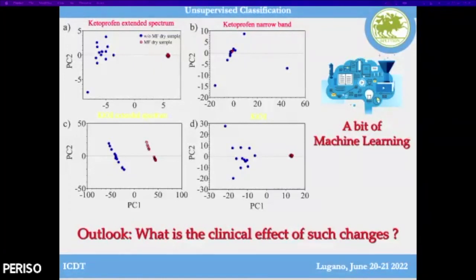The question now is, yes, we are able to define what is exposed and what is not exposed, but what is the effect on a real scenario, a real application, medical treatment? So we can just say that ketoprofen does not experience changes while exposed to magnetic field.